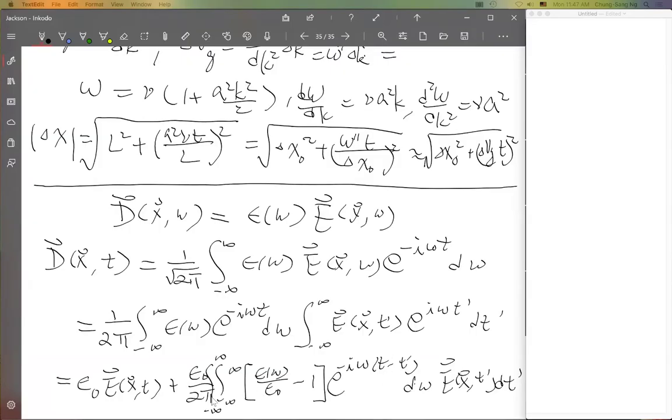So you cancel 2 pi in the denominator. So it's just a delta function t minus t prime. When you do a dt prime integration, t prime changes to t. So this term will give you exactly this term with a minus sign. So both of these cancel. So this will recover the previous equation.